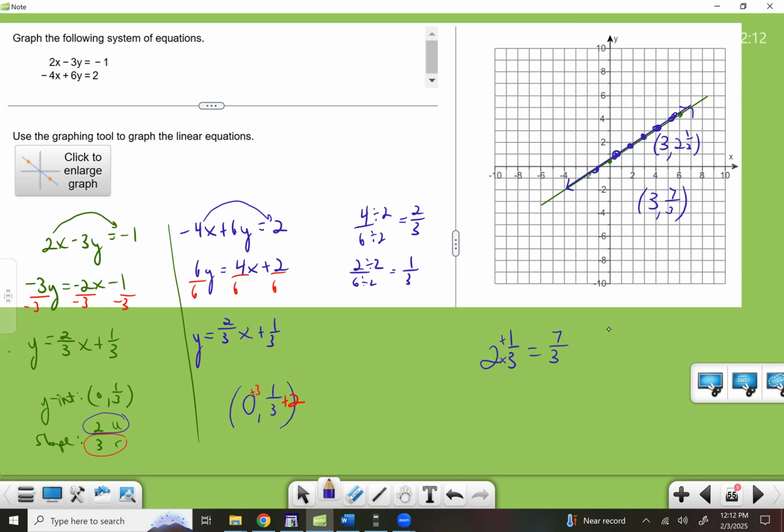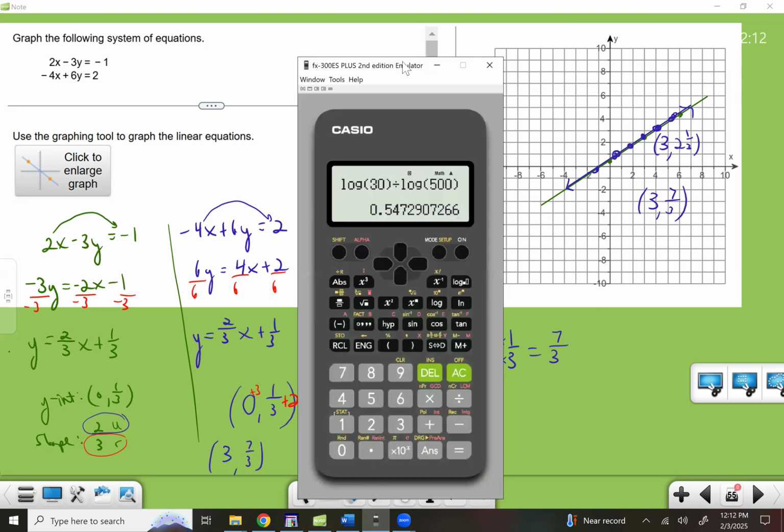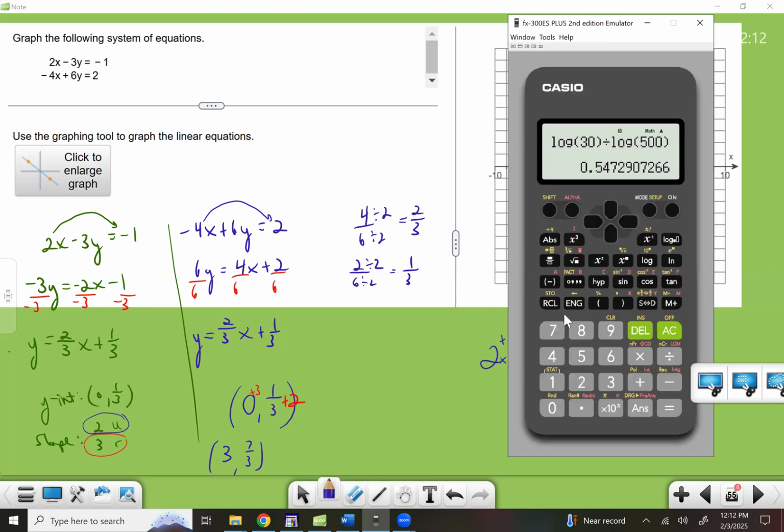And that is how I got the 3, 7/3. So just go to your calculator if you don't want to do it by hand. And so we have 1/3 that we had to add 2 to, right? And that's where our 7/3 came from. I'm just really making sure that was clear because you're probably going to have a different fraction than I am. And I just want to make sure everybody can get it right on their particular problem.